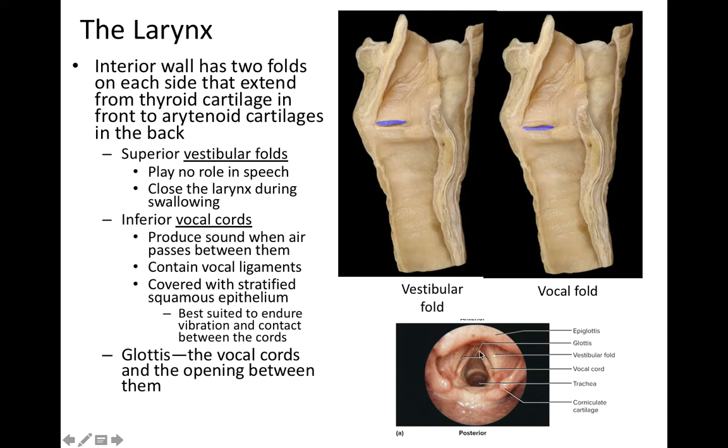So this structure right here is called the glottis. These are the vestibular folds up here that will help close this off while you're swallowing, and then the epiglottis would flip posteriorly to cover it up as well. So this should be telling you that we have a lot of different mechanisms to make sure that what we swallow ends up in the esophagus and not in the respiratory system.